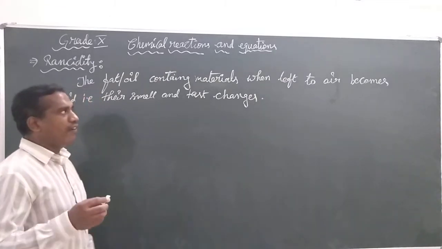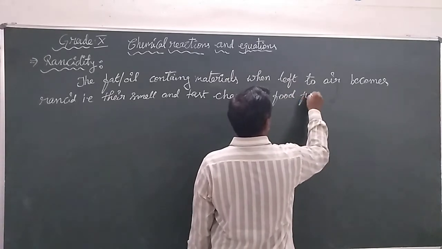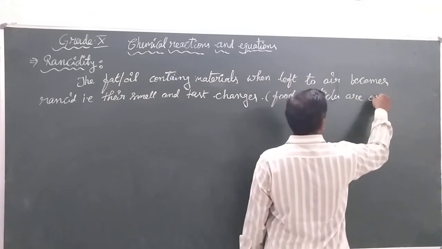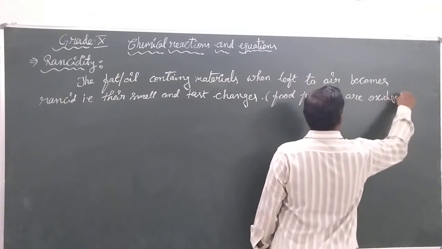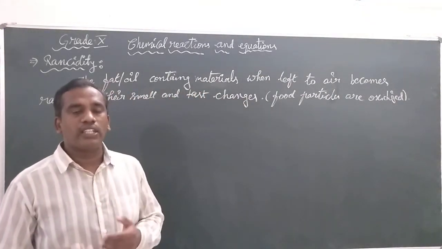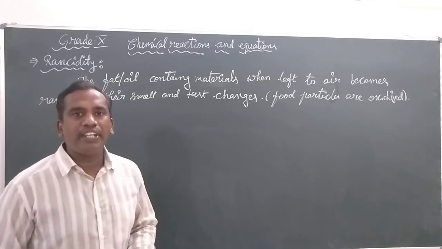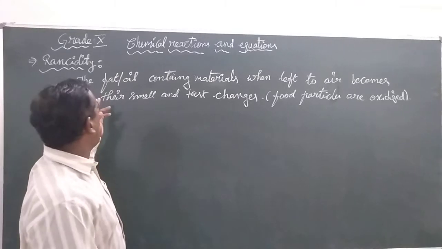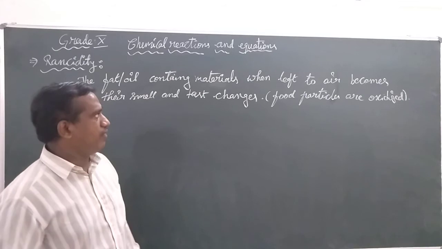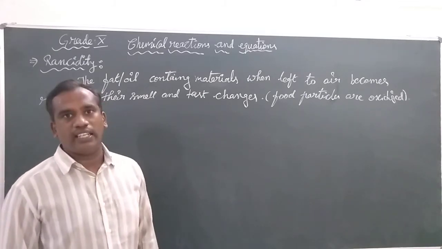The reason is that food particles are getting oxidized. So we cannot consume them when they are left to age. Then what is the process to prevent these food particles made of fat or oil from the process of rancidity? This whole process we call rancidity.